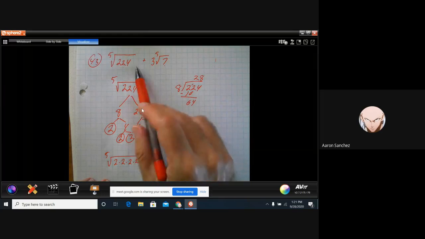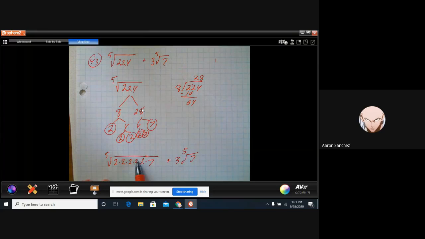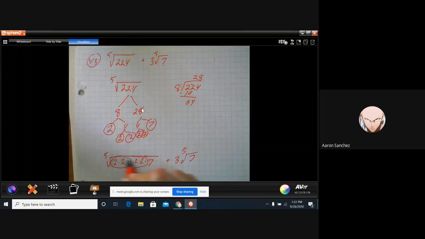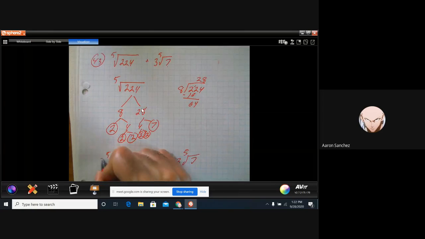I brought my 224 down here, so I need 5 of these. 1, 2, 3, 4, 5. These go out because I need 5, so a 2 goes outside. What do I have left inside? The 7, plus 3 5th root 7.